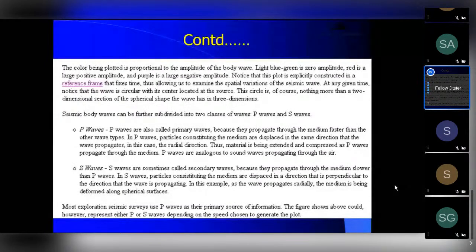The P waves are called primary waves because they propagate through the medium faster than any other type. P waves are sometimes called compressional waves. In P waves, particles constituting the medium are displaced in the same direction that the wave propagates.